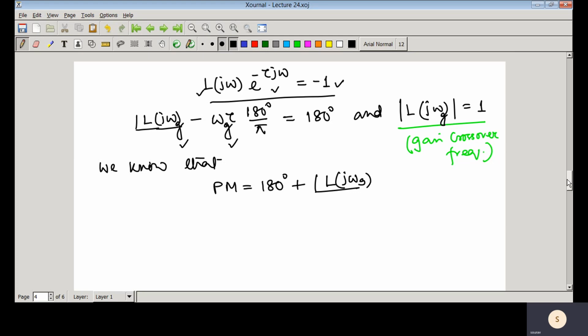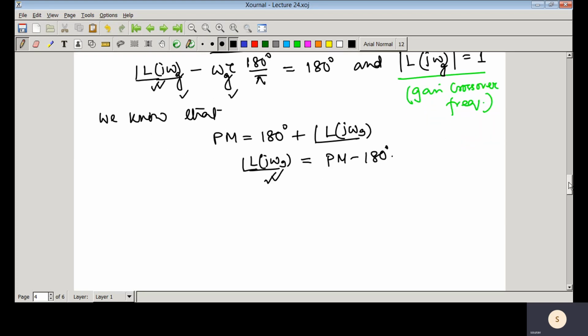Omega g is the gain crossover frequency. So now you can write that angle of L j omega g equal to phase margin minus 180 degree. So now if I replace this one here, what will we get?